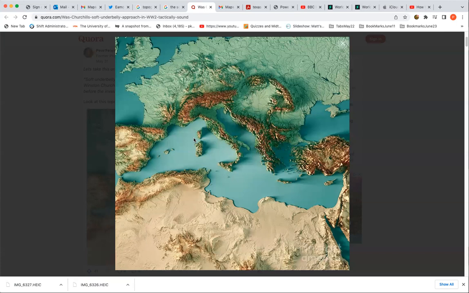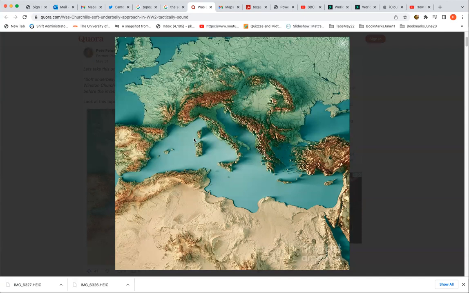So they take this homeless guy, they create an identity around him, they put fake plans in a briefcase. They handcuff the briefcase to the body, and he's been dressed up as a British officer.